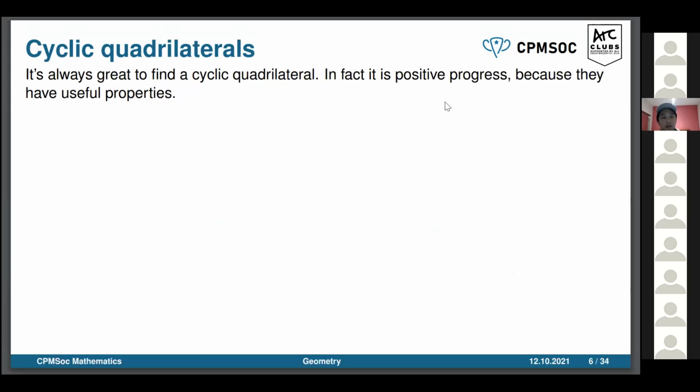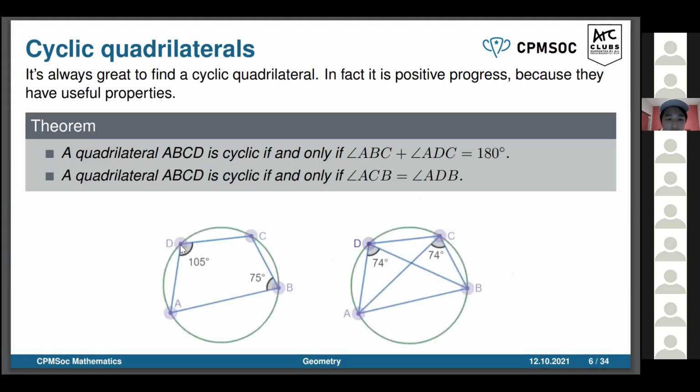Now, cyclic quadrilaterals. A cyclic quadrilateral is basically one where a circle crosses through all 4 points. I guess we'll have a diagram. These two quadrilaterals are both cyclic because there is a circle that crosses through all 4 points. There are a few nice properties of cyclic quadrilaterals, and usually they're very helpful when solving problems.